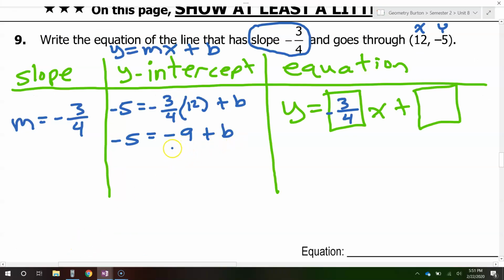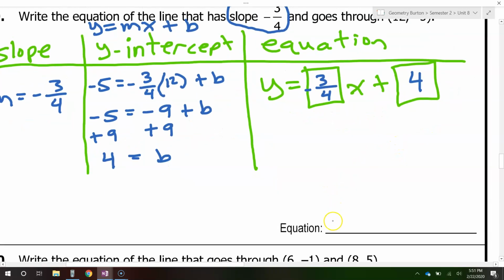Anyway, to get b by itself, we need to add 9 to both sides. So that will give us 4 is equal to b. And that's it. So we know that b is 4, so that's going to go right there. Okay, and that's the answer. So the answer is y equals -3/4 x plus 4.